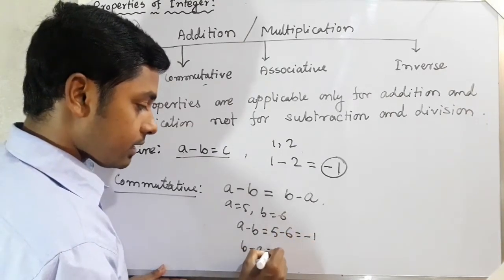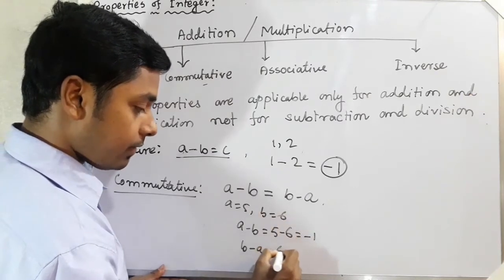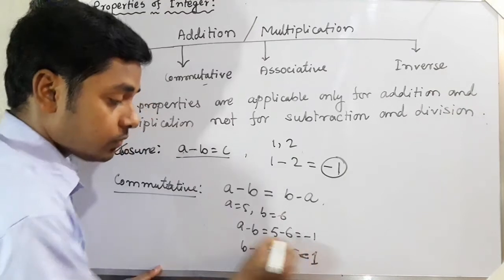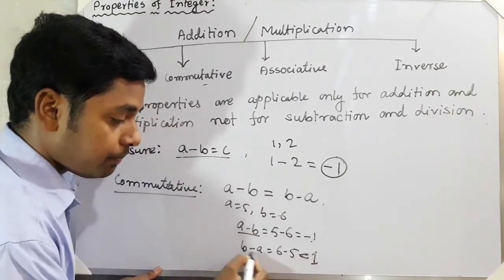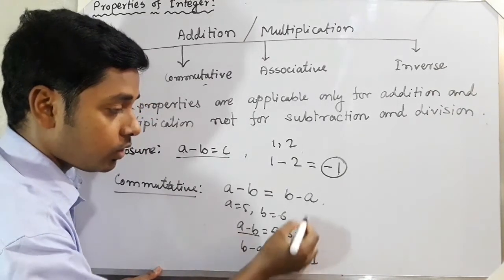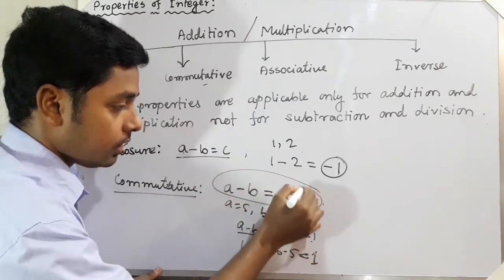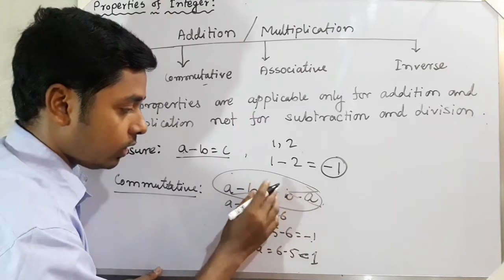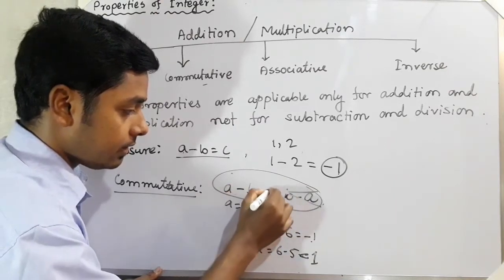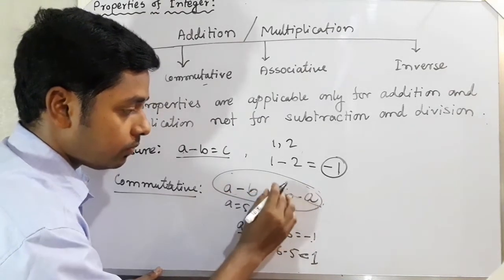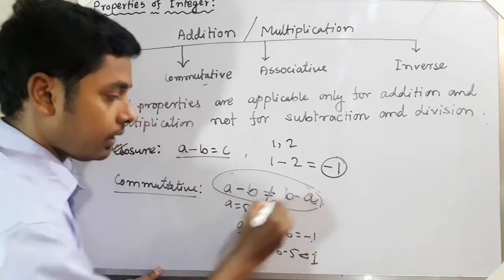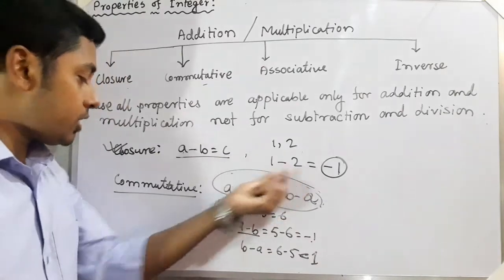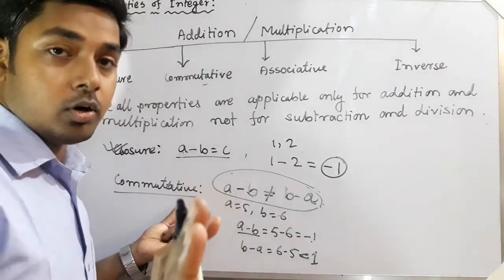And b minus a is equal to 6 minus 5, that means only 1. So a minus b is equal to minus 1 and b minus a is equal to 1. These are not the same, so this is not correct. That means a minus b is not equal to b minus a. So for subtraction, the commutative property is not applicable.